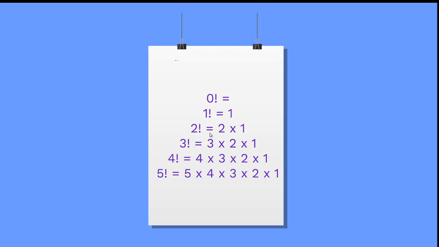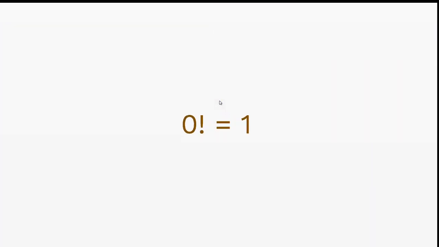And 2 factorial divided by 2, I get 1 factorial. And 1 factorial divided by 1, I get 0 factorial. So what is 0 factorial? 1 factorial divided by 1, 1 by 1 is equal to 1. So thus we can say that 0 factorial is equal to 1.